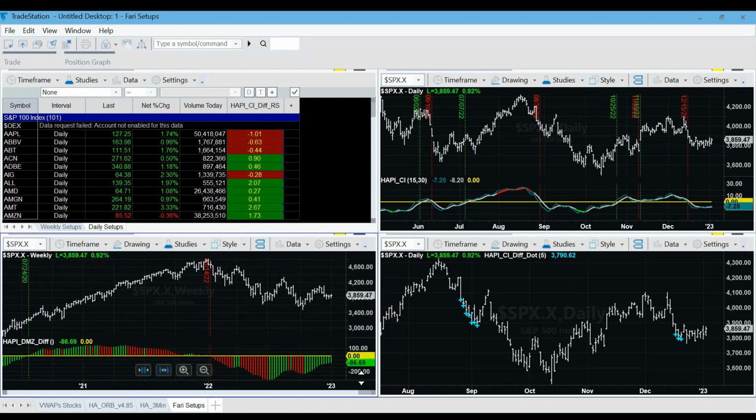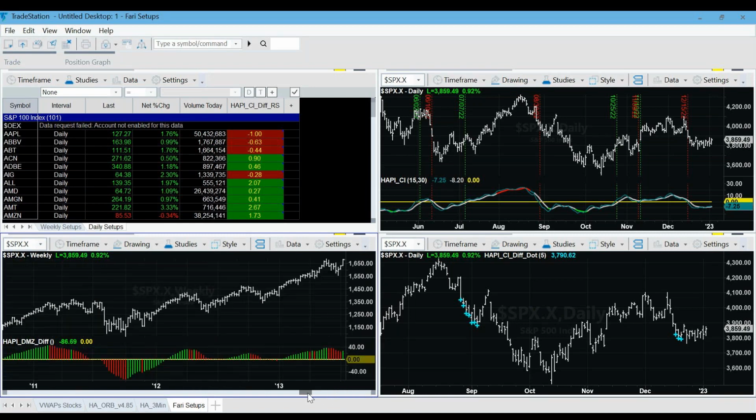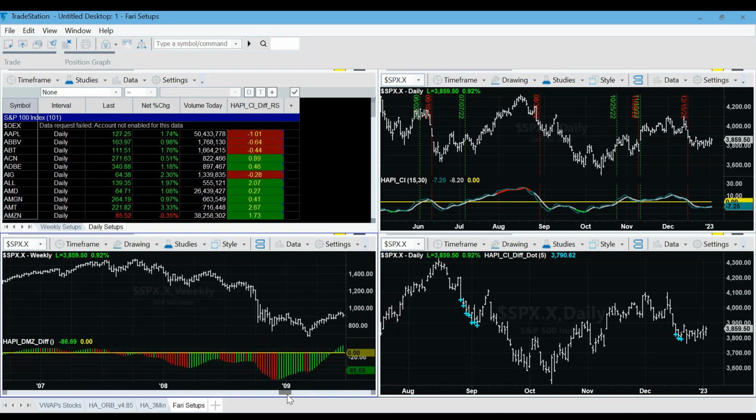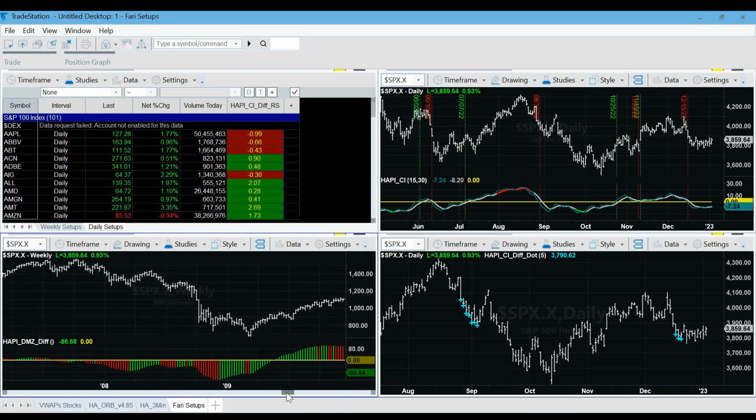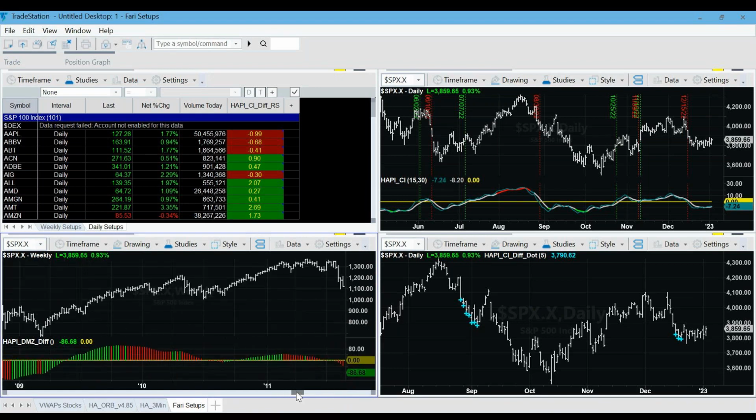If we scoot back and look at what '08 looked like, here's '08. It was out way back in '07 in July, and it didn't get back in until May of '09. Pretty good. So it's not rocket science.